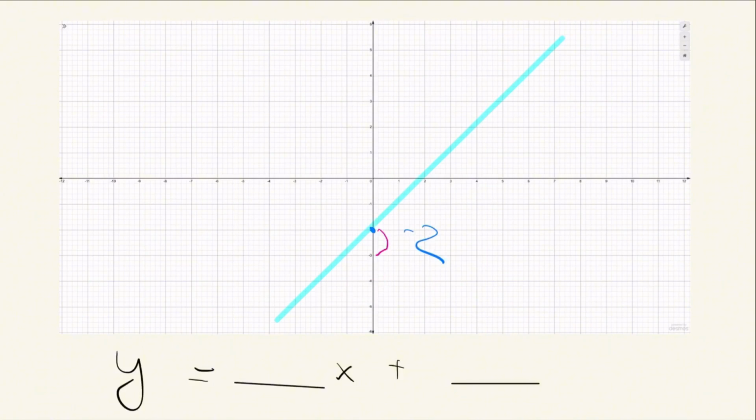We go down 1 and we go left 1, meaning our slope is 1. And instead of having a plus sign, we could always do a negative and a 2. That would be our slope-intercept equation from this graph.